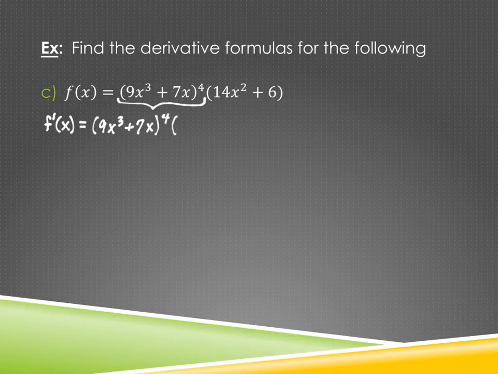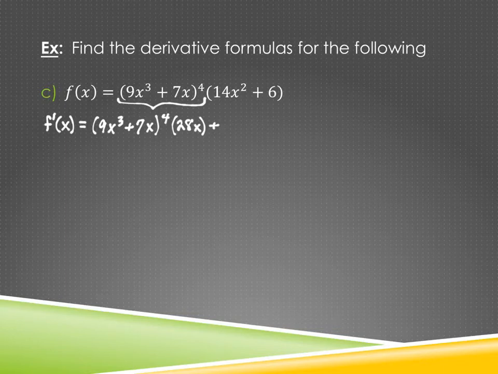What's that? 28x, that's right. Okay, now we're ready for the chain rule part, the part that's the more long or difficult part. I need the derivative of 9x cubed plus 7x to the fourth. Now here's your chance to show off what you remember from doing your chain rule last time. How do you take the derivative of that component?